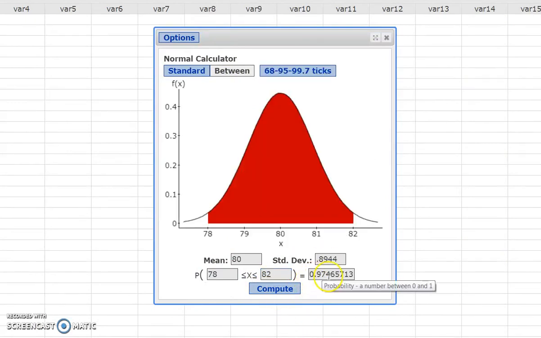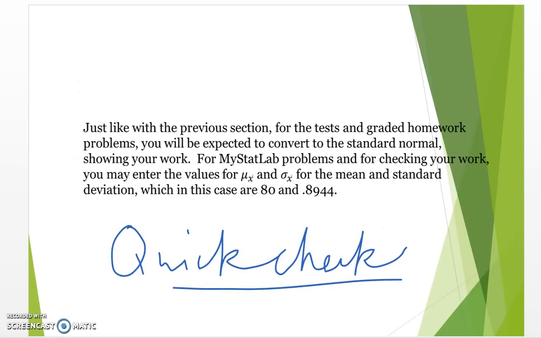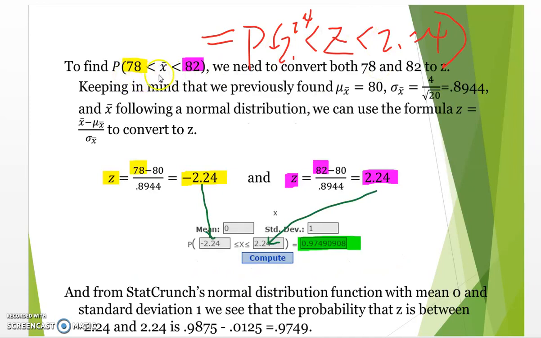You get the same value, about 0.975. So it's the quick check, but for your graded homework, you do need to submit the work as we did here. So convert X bar to Z, and then find the probability in StatCrunch.